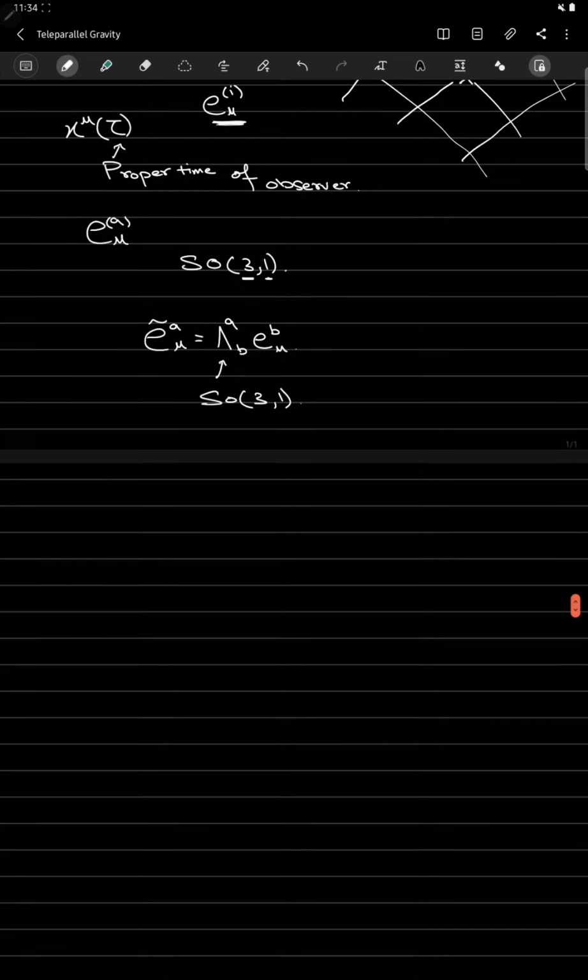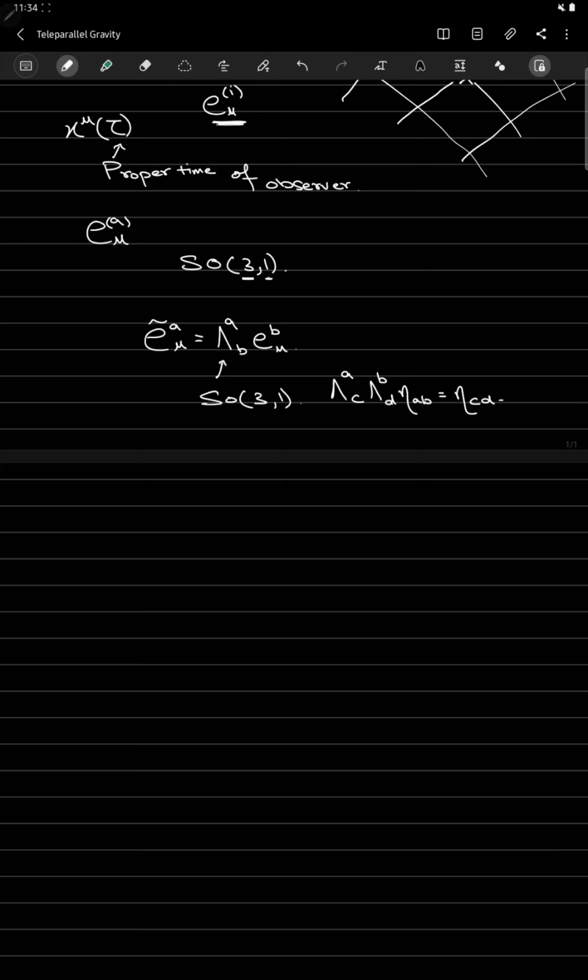And they satisfy the relation lambda AC lambda BD eta AB is equal to eta CD.